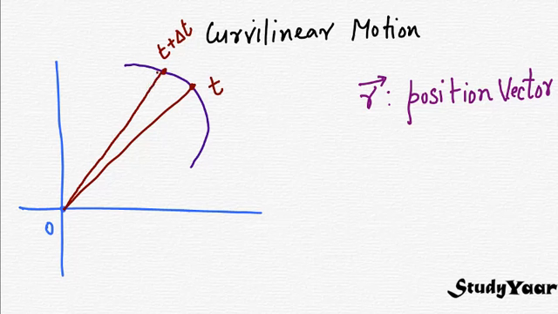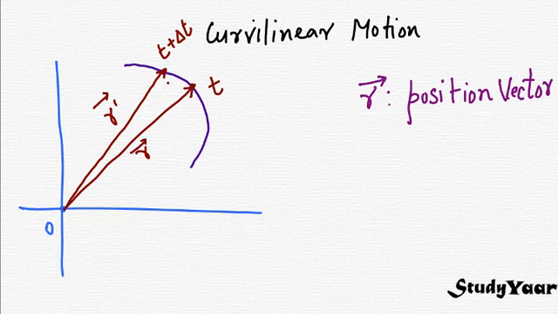This is the position vector of the particle at the t plus delta t instant. Let me call this r dash, and let me call this r vector.